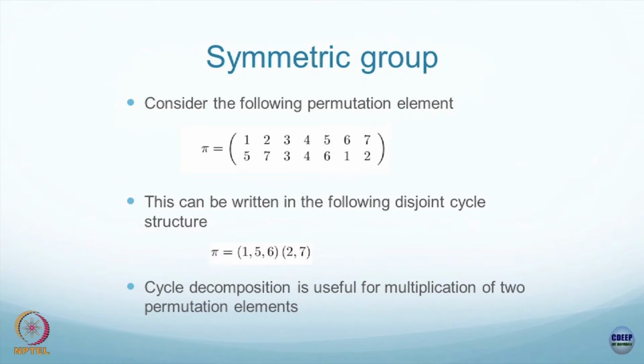And what else? 3 remains 3, 4 remains 4, that is it. Something else? 1, 2, 3, 4, 5, 6, 7. Yes, 7 elements. This is what I call the same element written in cycle structure.